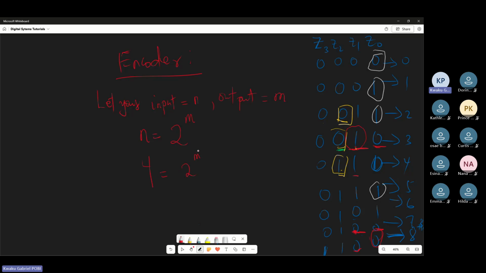If I want to solve for M, M is going to be what? 2, right? M is going to be 2.